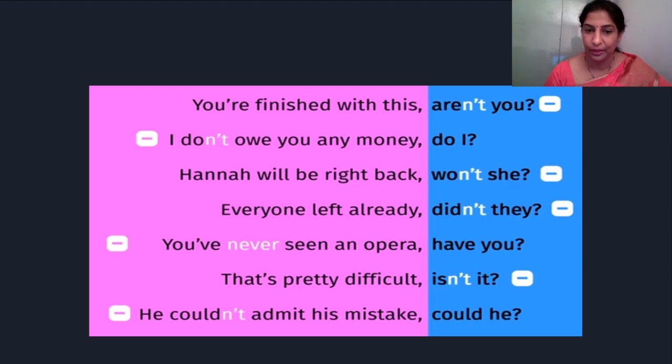So here we have to observe the tense also. Not only the positive and negative statement, we have to observe in which tense it is used. So left means it is a past tense. So I've already told when past tense is there, we have to use did. So we have used here didn't they.